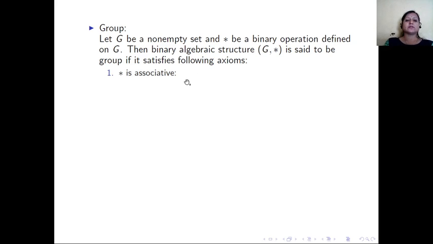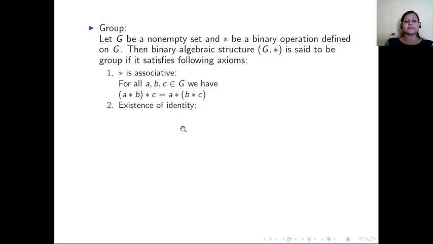First axiom, star is associative. So for all A, B, C belongs to G, we must have parenthesis A star B star C is equal to A star in parenthesis B star C.